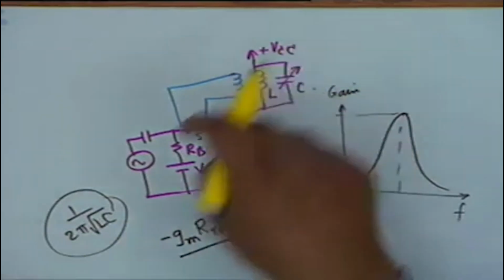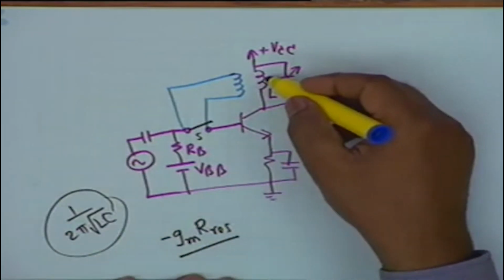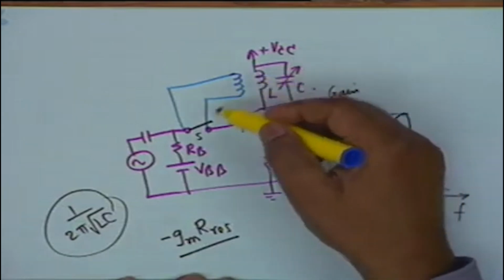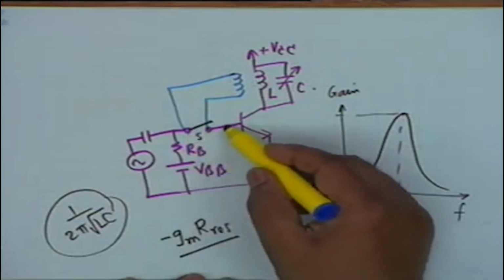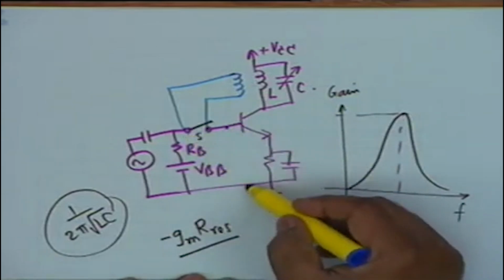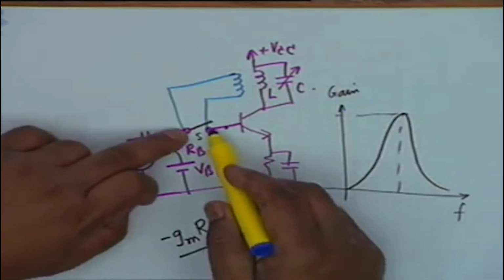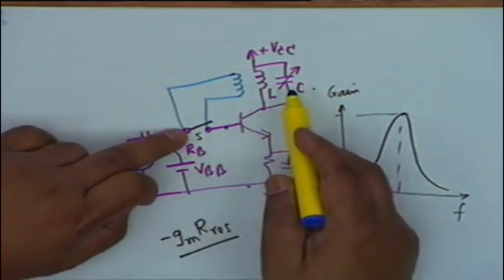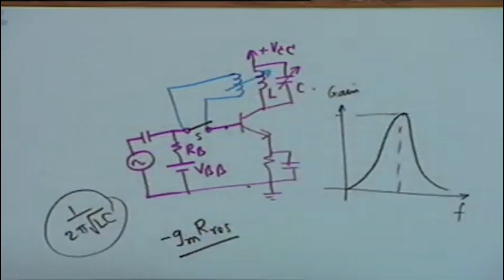We can so orient the winding direction such that a part of the output is fed back to the input. The actual signal at the input between the transistor base and ground shall be the input signal plus the signal that is fed back from the output because of the magnetic coupling between these two inductors, all right, and this is a very practical circuit.